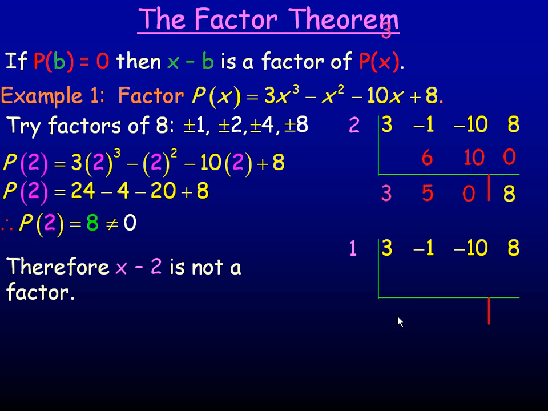And so we bring the 3 down and multiply it by the 1, so 1 times 3 is 3. Negative 1 and 3 add to 2. And 1 times 2 is 2, so we put a 2 here below the negative 10. Negative 10 and 2 is negative 8, times the 1 is negative 8, and we get a remainder of 0. So that means that x minus 1 is a factor of this polynomial.